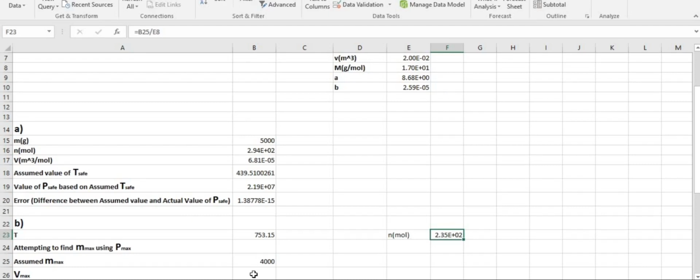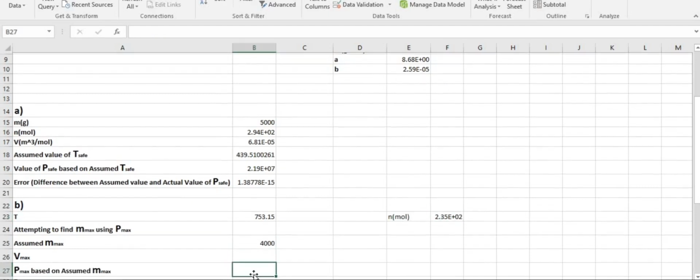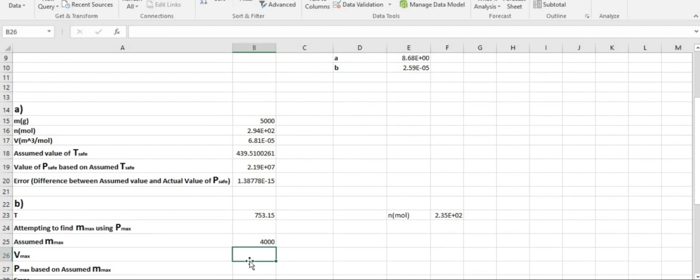Then we'll have our new value of V. So we should just consider this as V, the new value of molar volume, which is a function of the number of moles, which is the reactant mass divided by molar mass, and the volume of ammonia gas. Now remember that as the volume decreases, pressure increases.